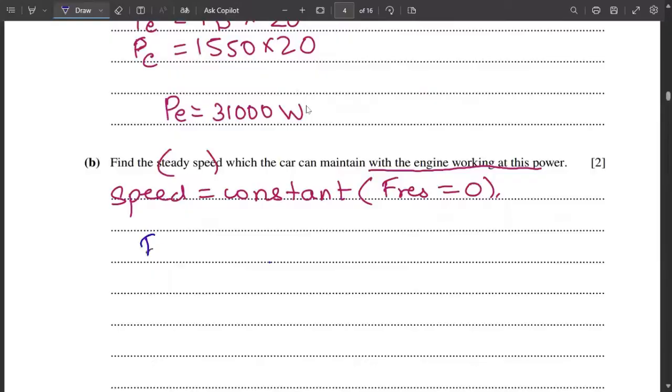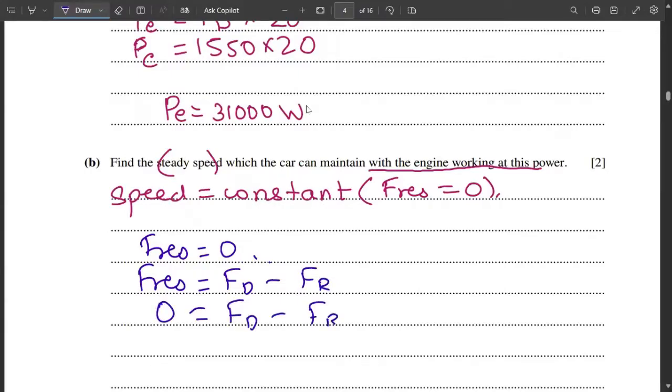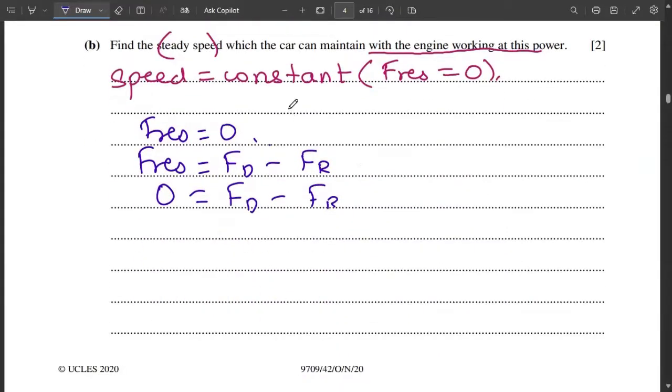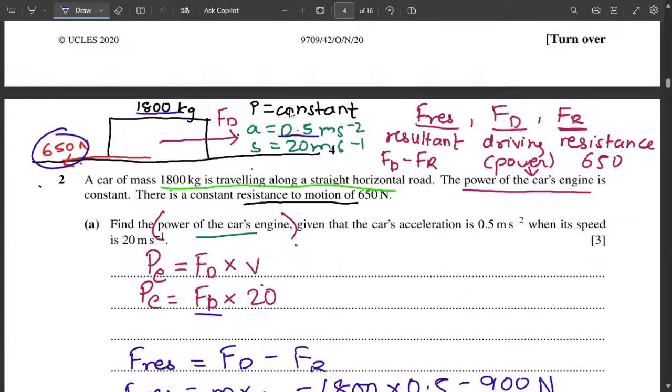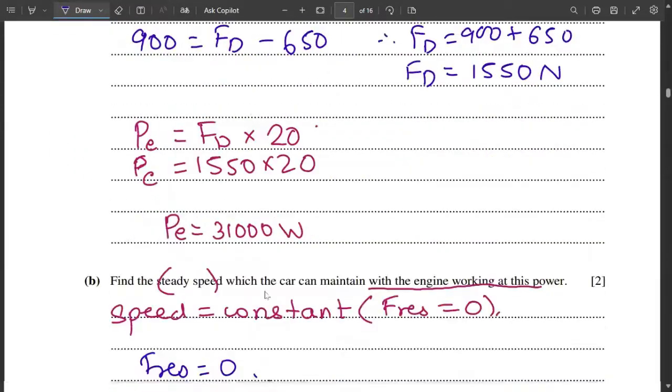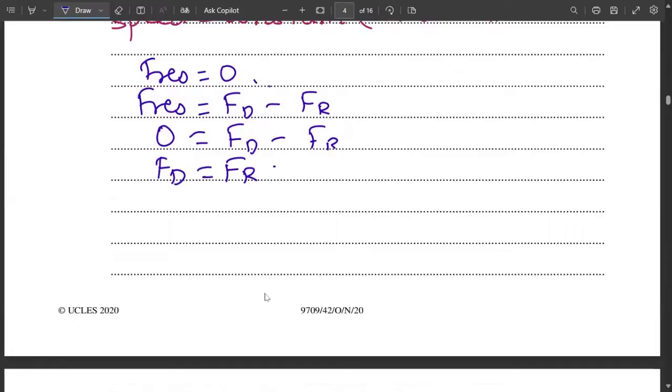When resultant force is zero, and we know that resultant force equals Fd minus Fr. So 0 equals Fd minus Fr. And this will turn to Fd equals Fr, and we know that Fr is 650 Newton. So Fd equals Fr, which is equal to 650 Newton. So the new driving force will be 650 Newton.